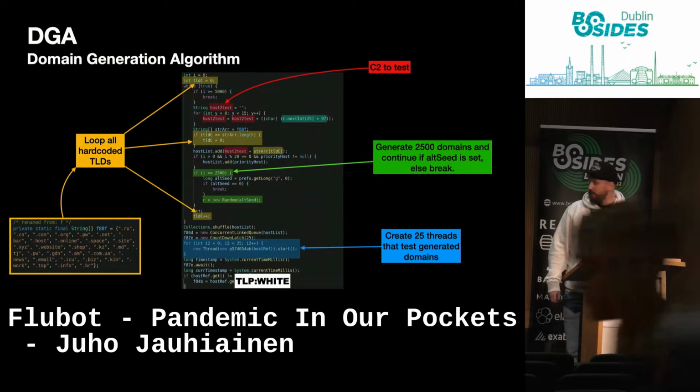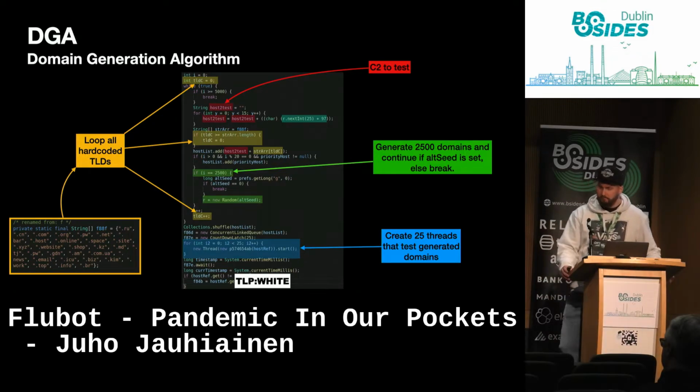And then there's this DGA. There is a hard-coded list of TLDs which Flubot is using. I think this is just a lure, because previously they were using three TLDs. The list had only three of them: the Russian, Soviet Union, and China.